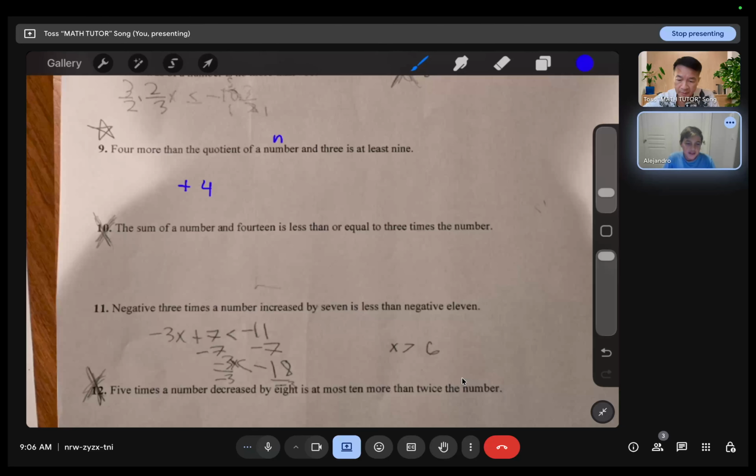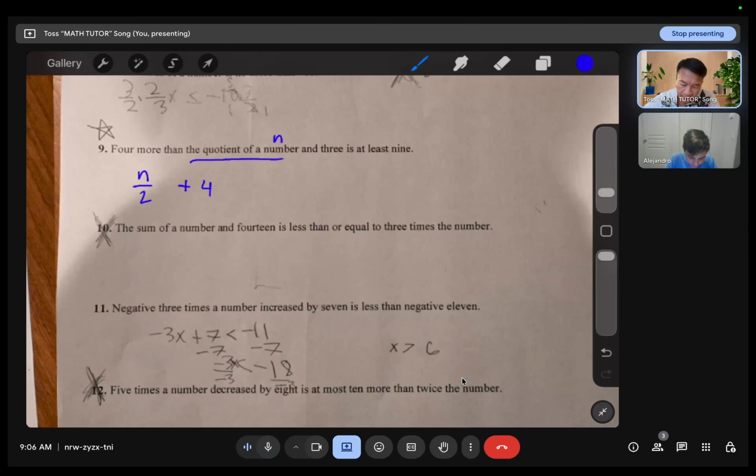So would it be n over 3? Yes, it should be. Let me double check. The quotient of a number and 3. When they write a quotient of whatever, first will be the numerator, n, and the next one will be the denominator, 3. Like that, right? You agree? Is at least 9.